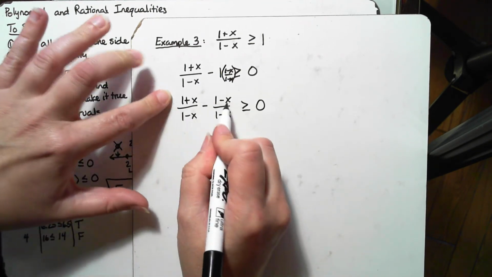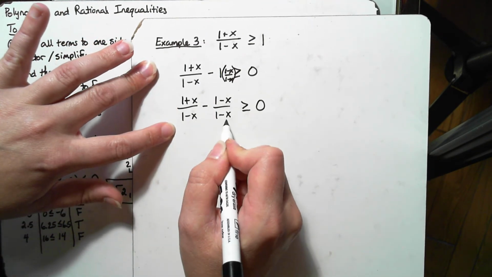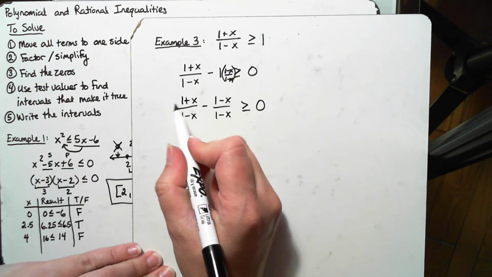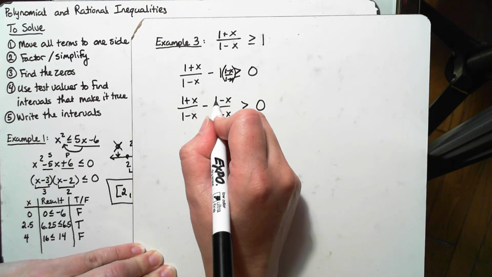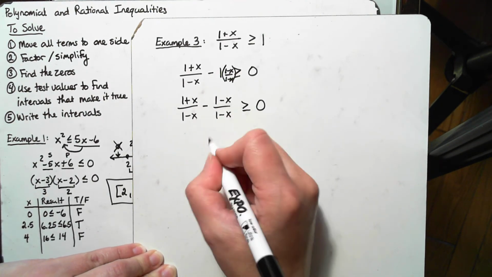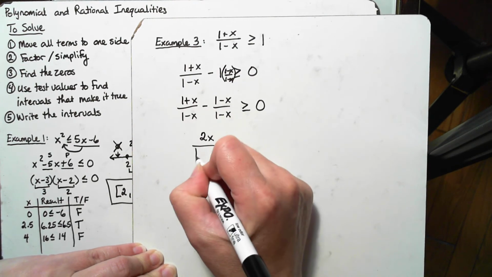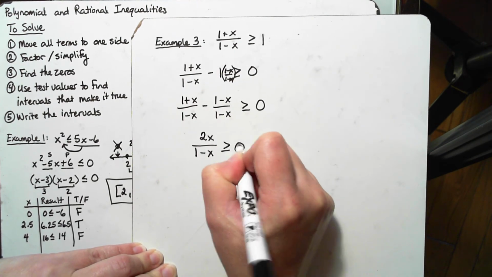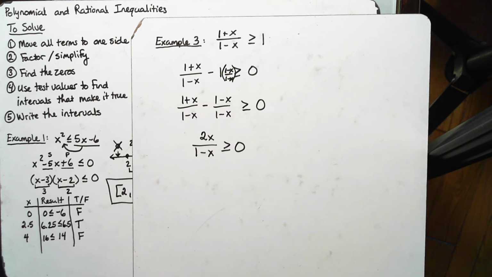Now I'll combine my numerators. The denominator would stay because those are the rules for working with fractions. So 1 minus 1 is 0, and x minus negative x is 2x. Okay, now this is as simple as it gets. There's nothing really to factor here, but because it is rational, I have to double check something.